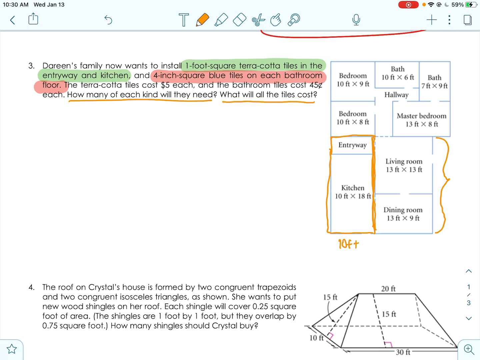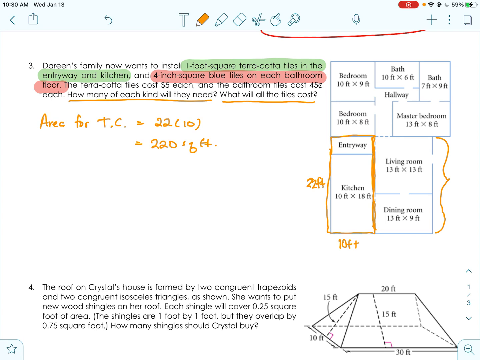So that gives us 13 plus 9, which is going to be 22. So we know that the height of the kitchen is 22 feet. That tells us that the area for terracotta tiles is equal to 22 times 10, which is equal to 220 square feet.